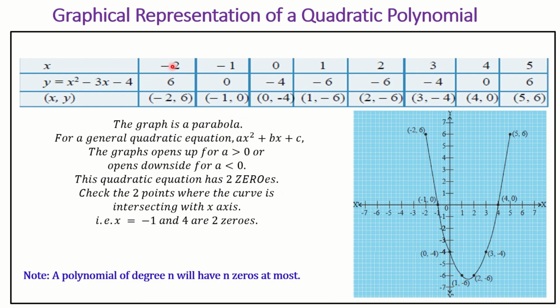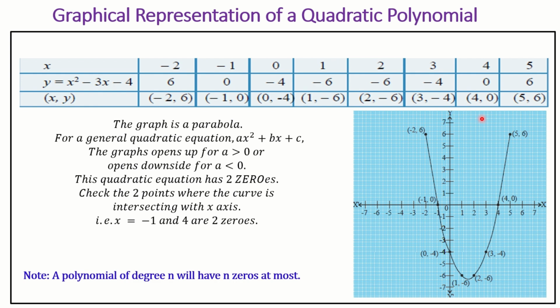So here he took x equal to minus 2. Then for that, the graph here is drawn for x square minus 3x minus 4. At x equal to minus 2, the value is 6. So the point is minus 2 comma 6. Similarly, he did for minus 1, which gives 0. So minus 1 comma 0, 0 comma minus 4, 1 comma minus 6, like this. And then he just plotted this graph.